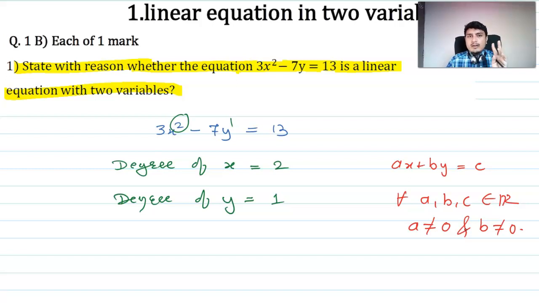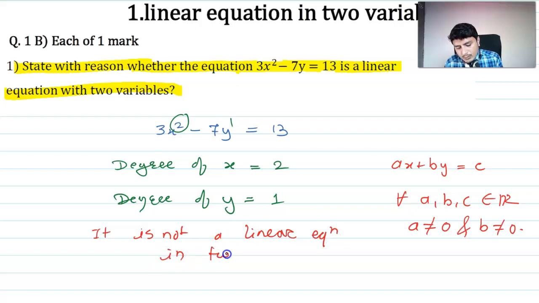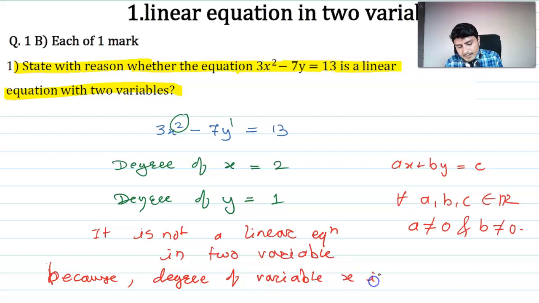So here there are two variables, no doubt, but since the degree of variable x is 2, it is not a linear equation in two variables, because I am writing the reason, because here the degree of variable x is 2.